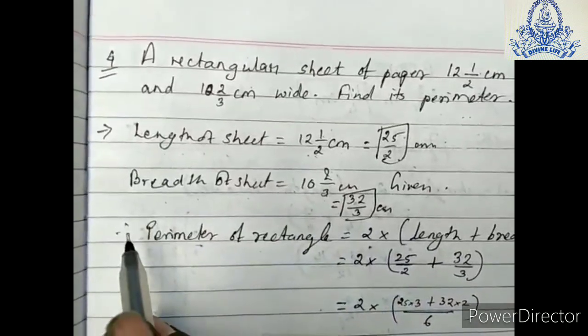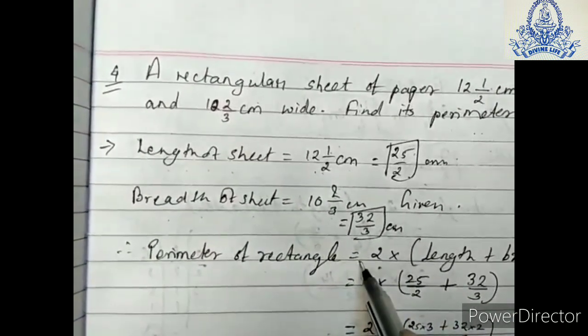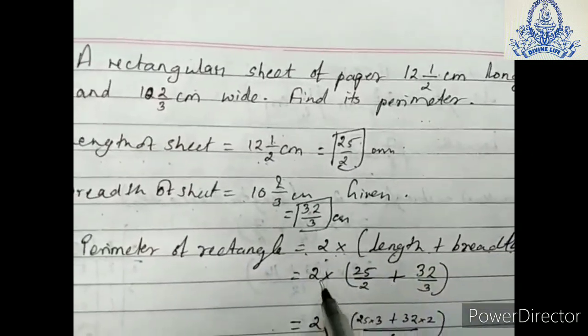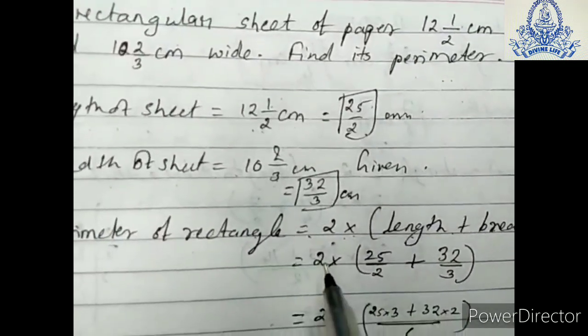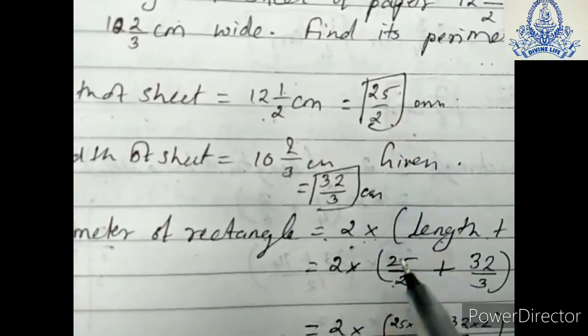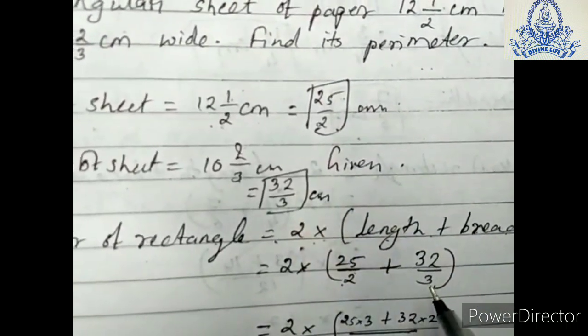Now, according to the formula, the perimeter of a rectangle is 2 multiplied by length plus breadth. So we put in the length and breadth: 2 into length 25 upon 2 plus breadth 32 upon 3.